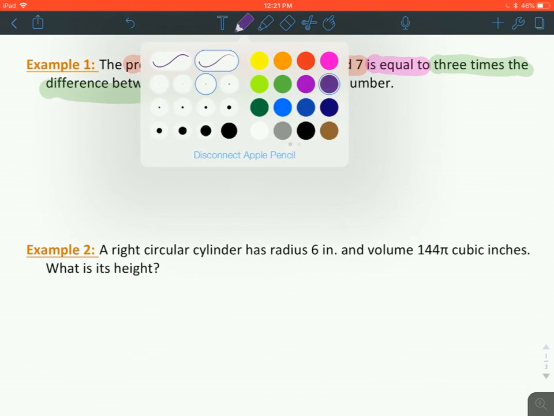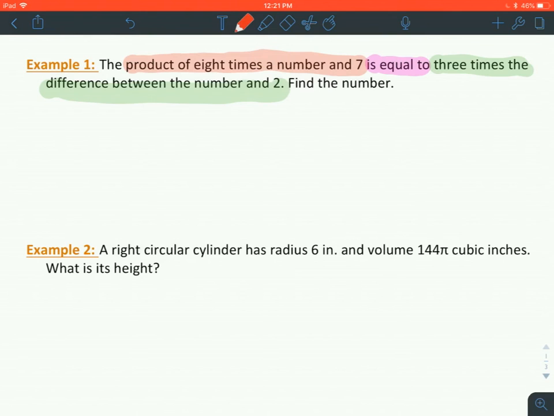Okay, so let's take this first part highlighted in red. The product of 8 times a number and 7. Let's let x be our number. If I'm talking about the product of 8 times a number and 7, 8 times our number, the product of that and 7 would mean they're being multiplied together, so 8x times 7.